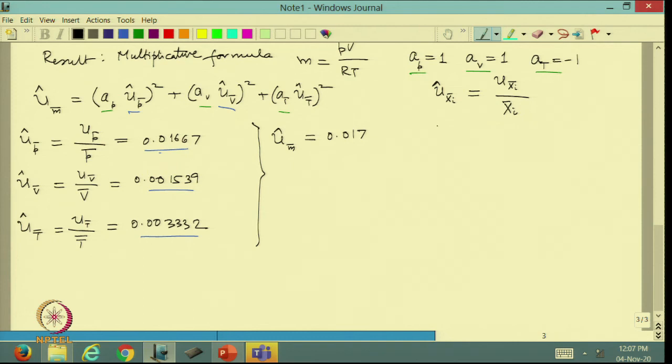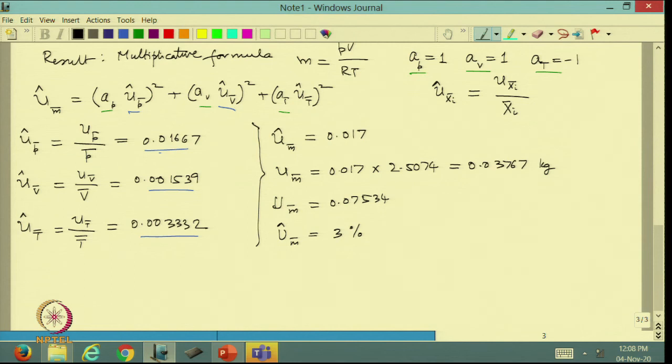Using this formula here, u m bar is 0.017 into the mean value of the mass which we calculated earlier as 2.5074. This comes out to be 0.03767 kg. U hat has no units, it is non-dimensional. Finally u m bar at 95% is double the value of this, which is 0.07534, and when you calculate the relative uncertainty, this is 3%.